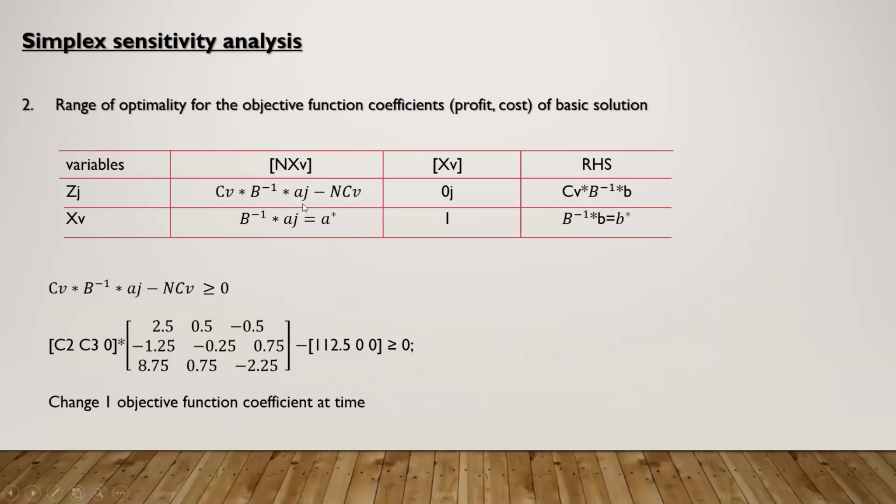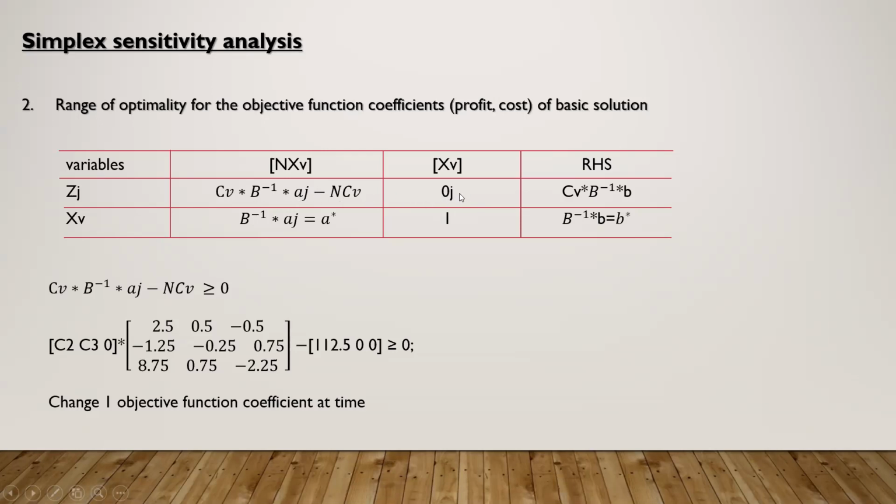For AJ, if you are still in this area, this one will be the technical coefficient for the non-basic solution. This matrix over here, you can substitute by AVJ, this one, AXV, this one. If you like, you can continue this one, but you don't need to recalculate this matrix because eventually it will always be zero.